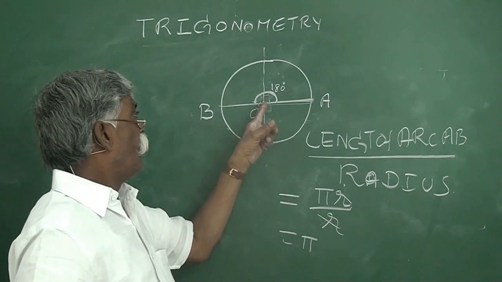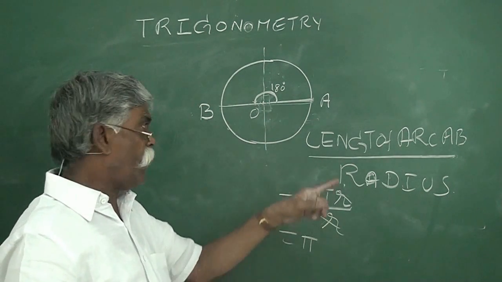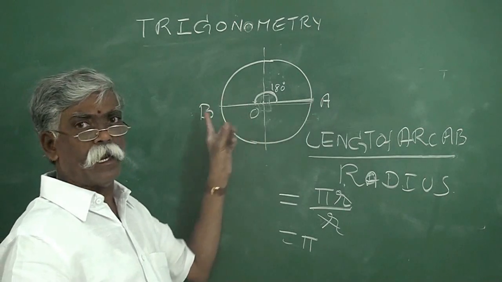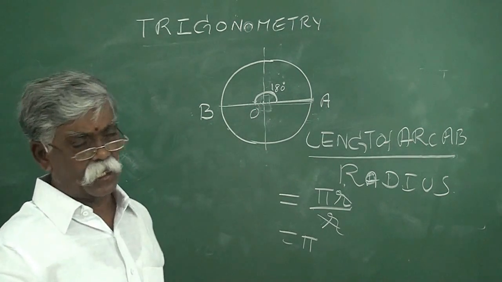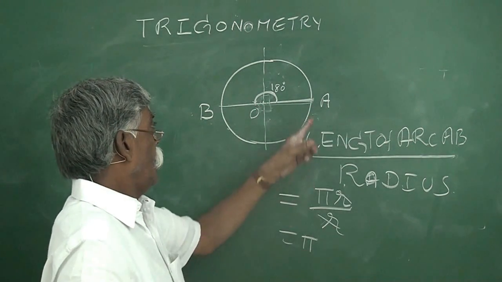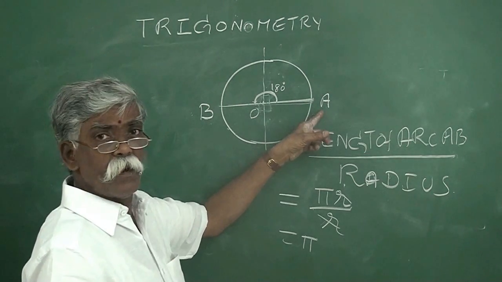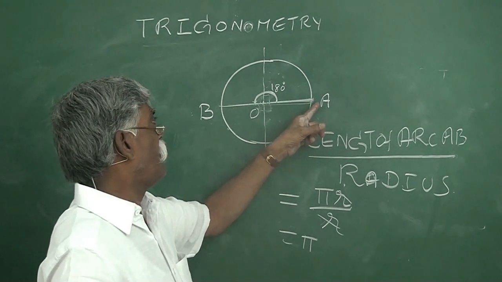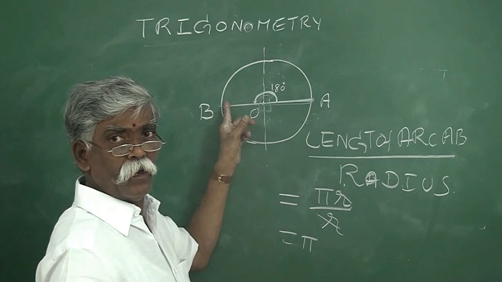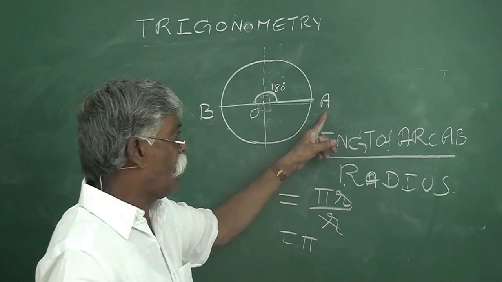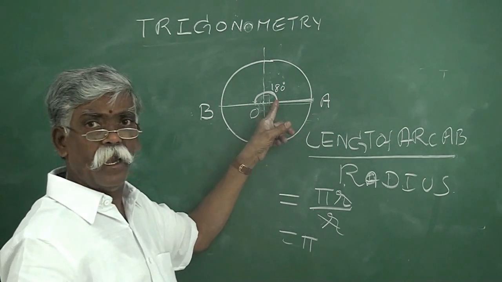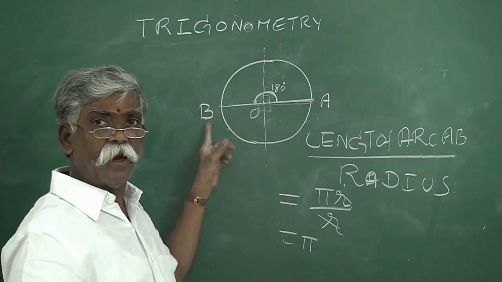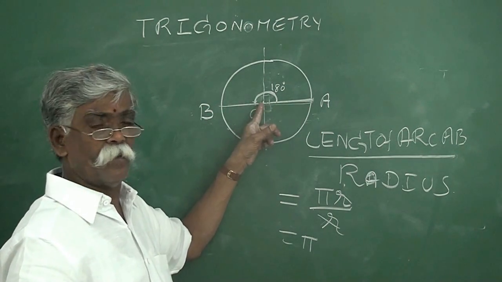Now 180 degrees is the angle made by the arc AB at the center of the circle. Now, in radian measurement, the ratio between the length of the arc AB and the radius of the circle R is the angle subtended by the arc AB at the center.